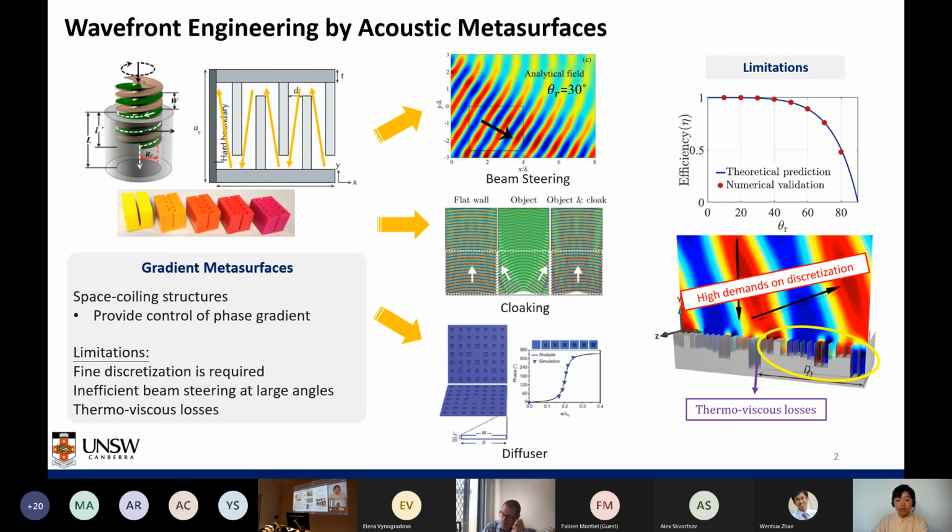Therefore, developing scalable metasurfaces to control acoustic wavefronts using easy-to-fabricate structures still remains a challenge. In our recently published study, we introduced a new type of metamaterial, known as metagratings, to overcome these limitations of the conventional metasurface.